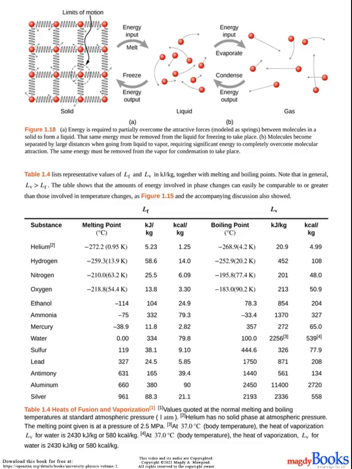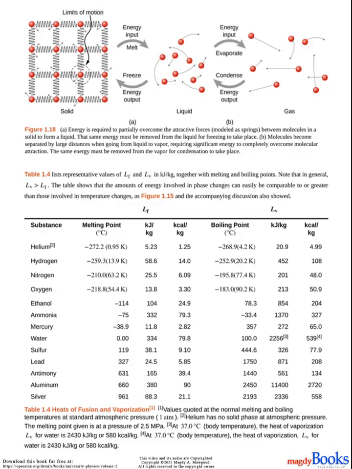Ammonia. Melting point, negative 75 degrees Celsius. 332 kilojoules per kilogram, or 79.3 kilocalorie per kilogram. Boiling point, negative 33.4 degrees Celsius. 1370 kilojoules per kilogram, or 327 kilocalorie per kilogram.